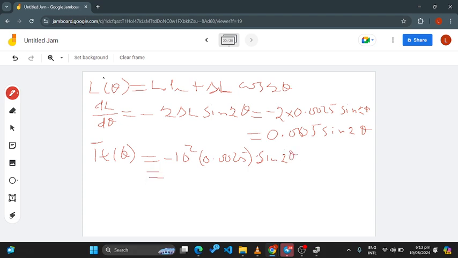So what will this give us? We get negative 0.25 sine 2 theta. So then our peak torque, T peak, should be equal to 0.25 Newton meter.